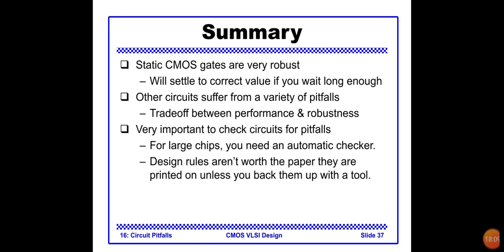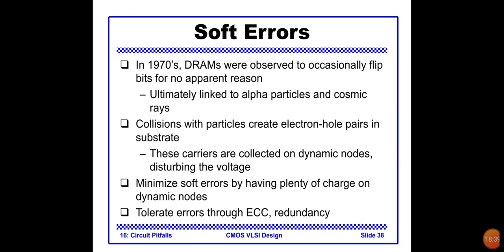There is a trade-off between performance and robustness. It is very important to check circuits for pitfalls. For large chips, you need an automatic checker. Design rules aren't worth the paper they are printed on unless you back them up with a tool.